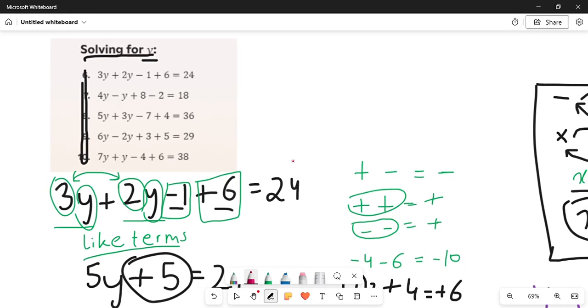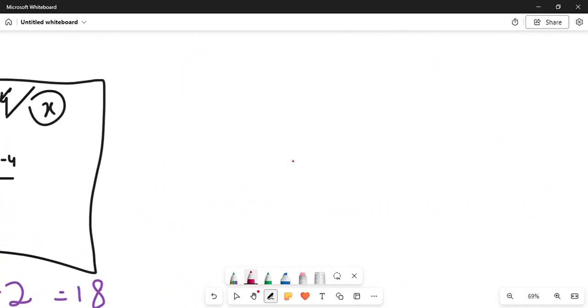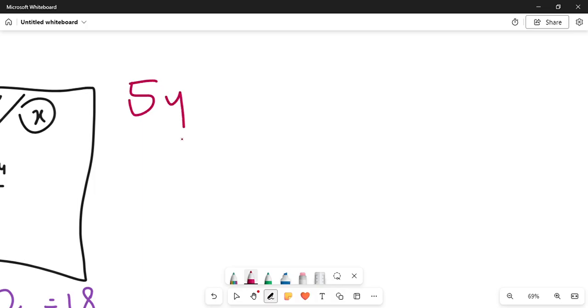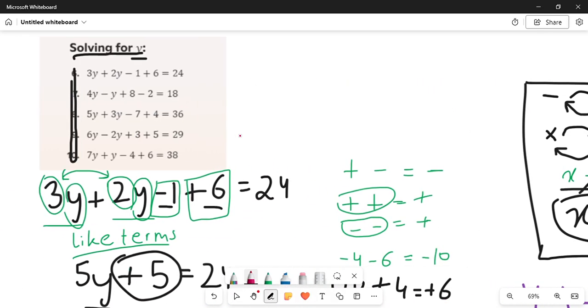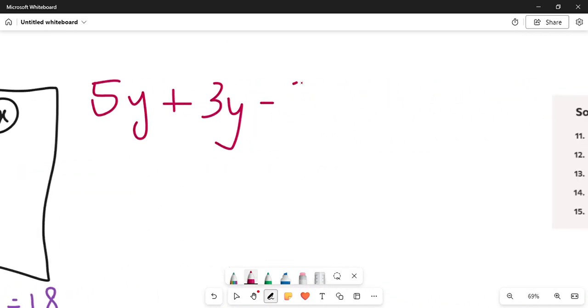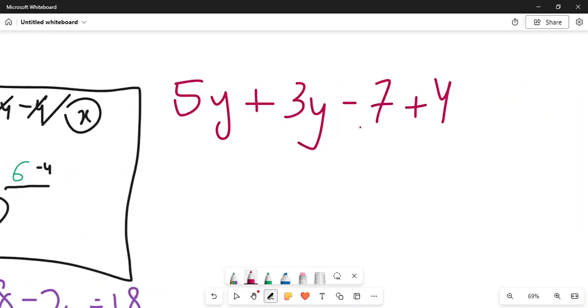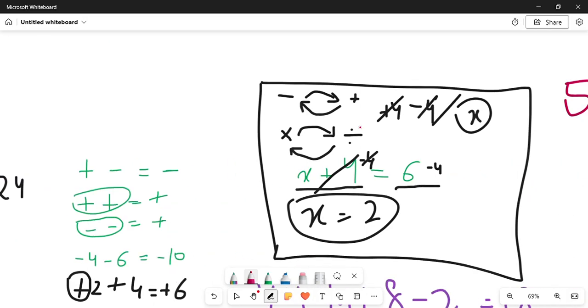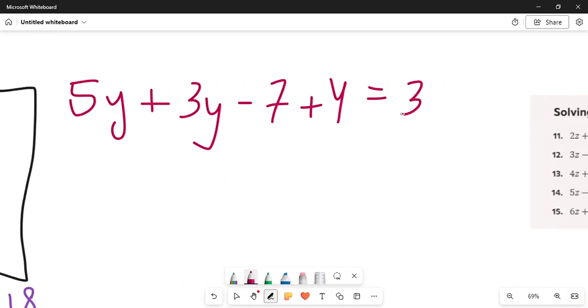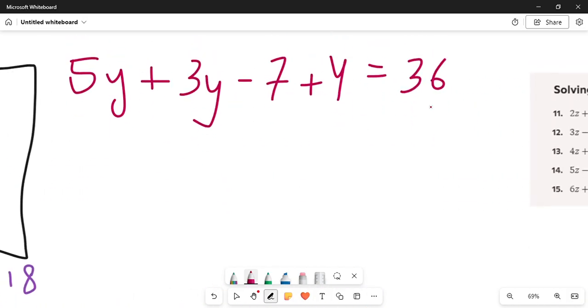So 5y plus 3y minus 7 plus 4 equals 36. Now, we've got the like terms here.